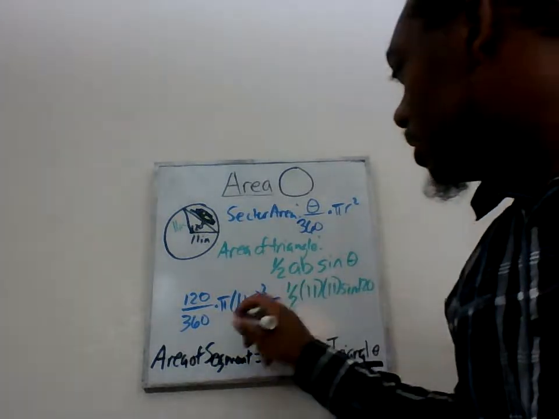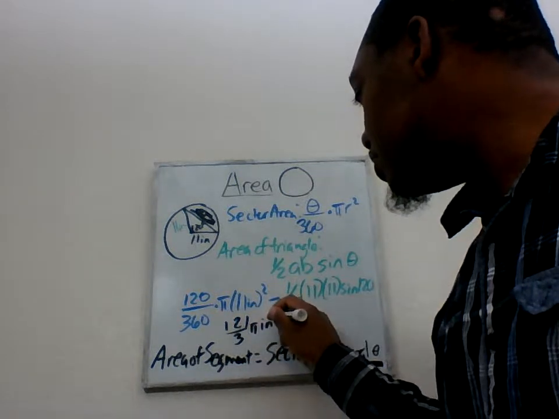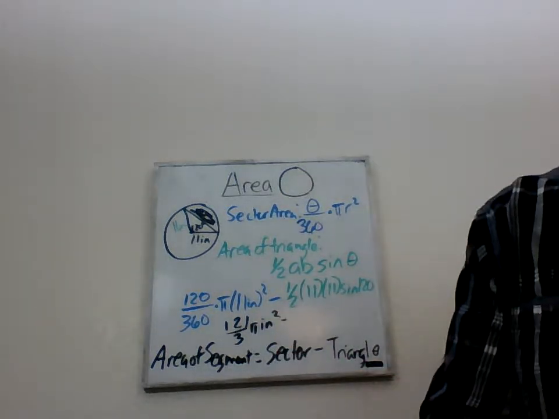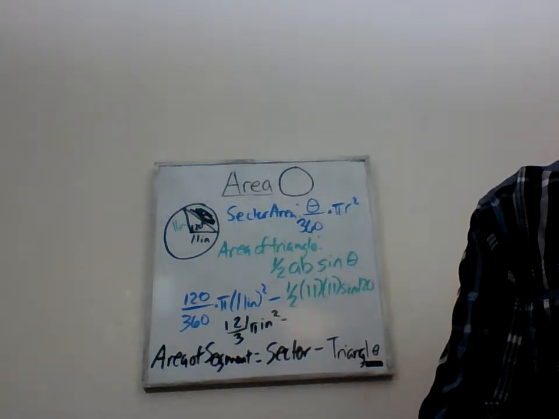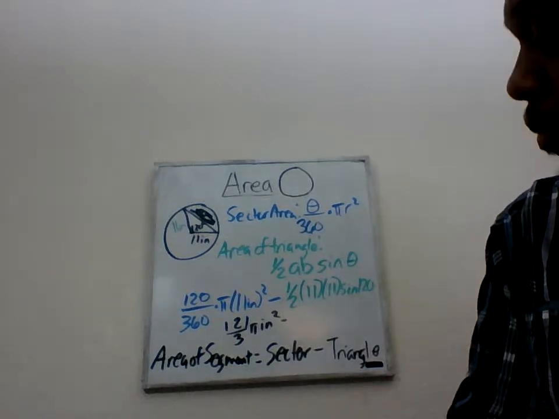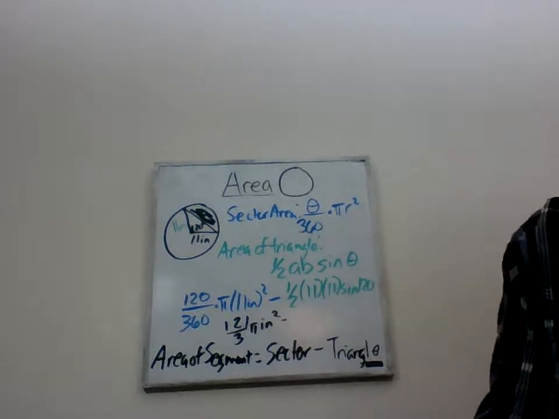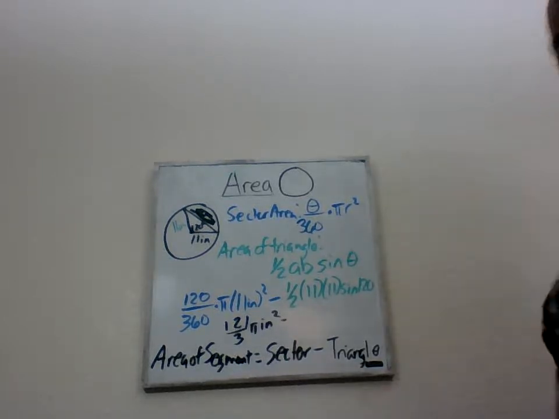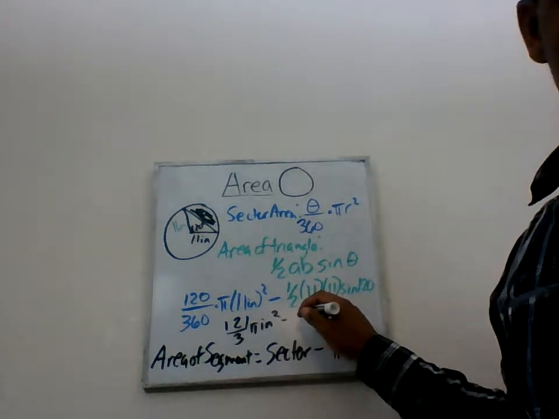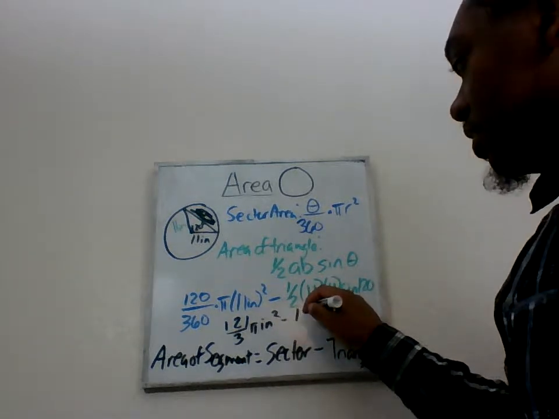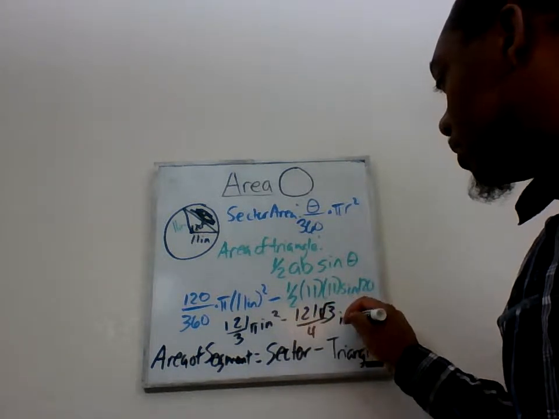And we end up with 121 over 3 pi square inches minus approximately, well, I can say exact first, 121 square root of 3 over 4 square inches.